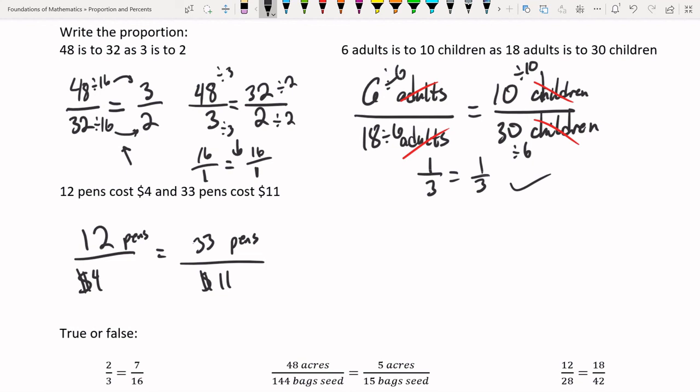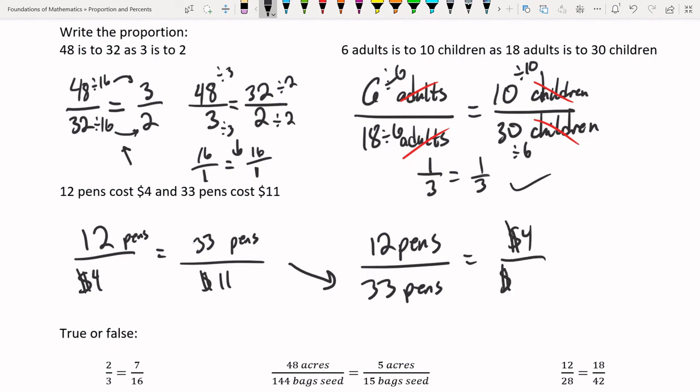You want to have a method that you can always turn to. And so I suggest writing 12 pens is to 33 pens as $4 is to $11.